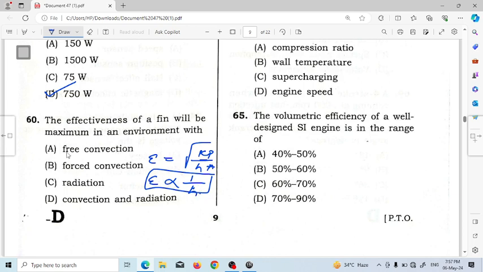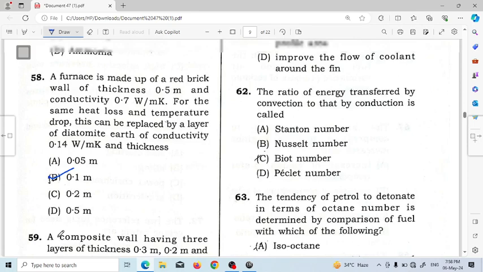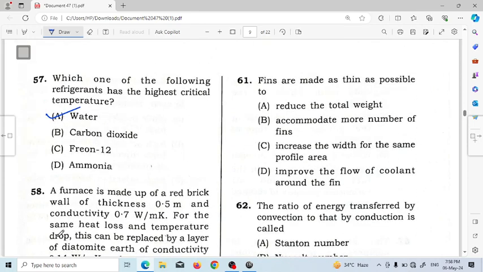So where H value is minimum, free convection, the effectiveness will be maximum in free convection. Next question number 61. Fins are made thin as possible to accommodate more number of fins. Answer will be B.